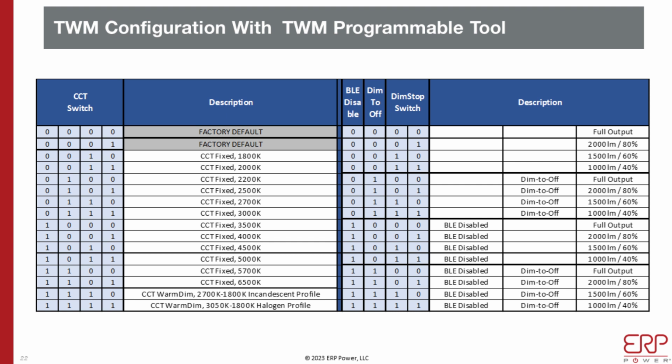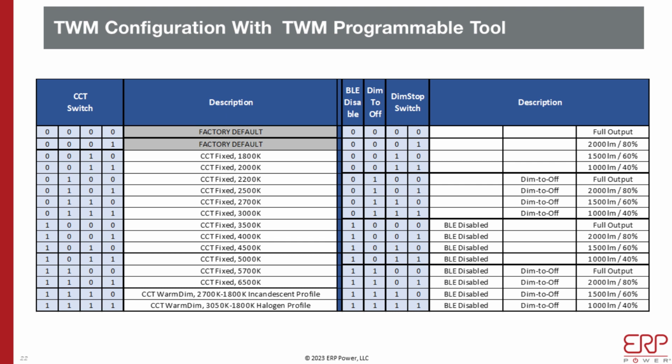So you can see there's a ton of options, and each one of them can be configured with a programmer. But as I mentioned before, these are the standard ANSI CCTs, or fixed 100%, 80%, 60%, 40% lumen intensity.